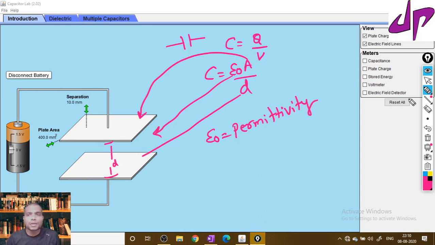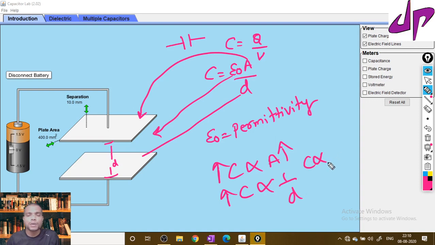Now the capacitance of a capacitor can increase by increasing the area of the plate, because they are proportional. C can also increase by decreasing the distance between the plates, and capacitance is also proportional to permittivity.